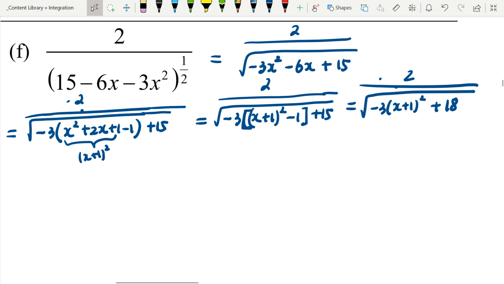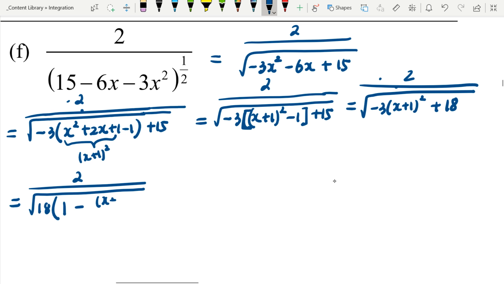If you move 18 to the front, it's 18 minus 3 times (x plus 1) squared, which makes it possible to get it into the 1 minus g(x) squared form. So what I'll do here is take the 18 out. It becomes 1 minus (x plus 1) squared over 6.